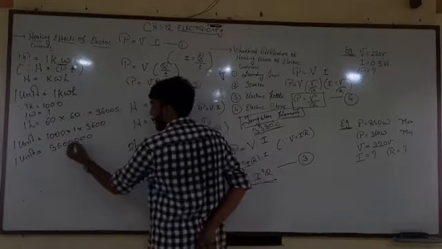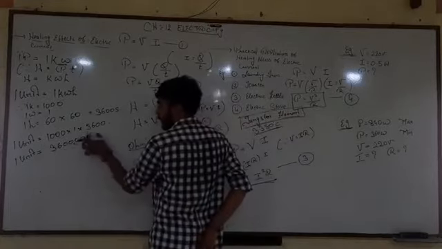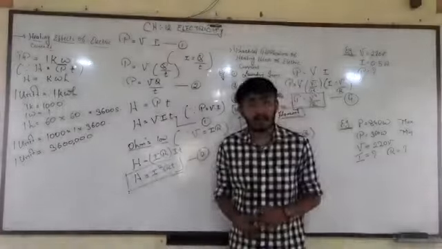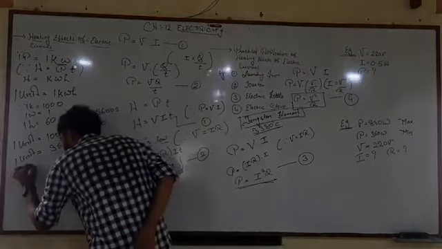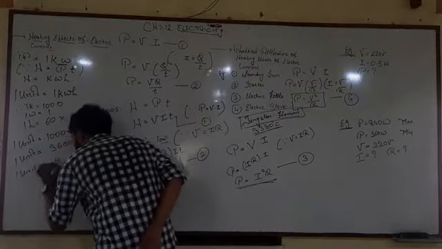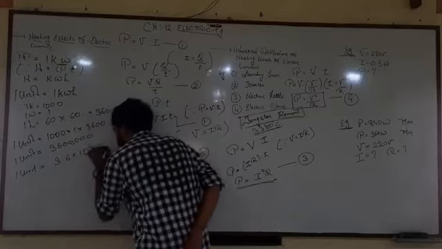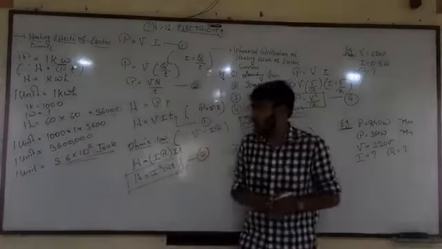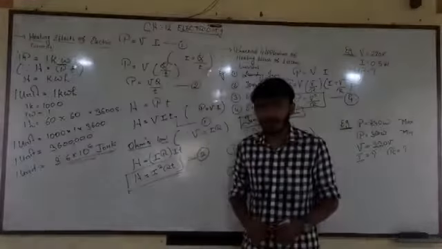Okay students, because 3 zeros I am having here and 2 zeros over here to 36, so that is 36 lakh. In short, we can also write this as 1 unit is equal to 3.6 into 10 raised to 6 joule of energy.